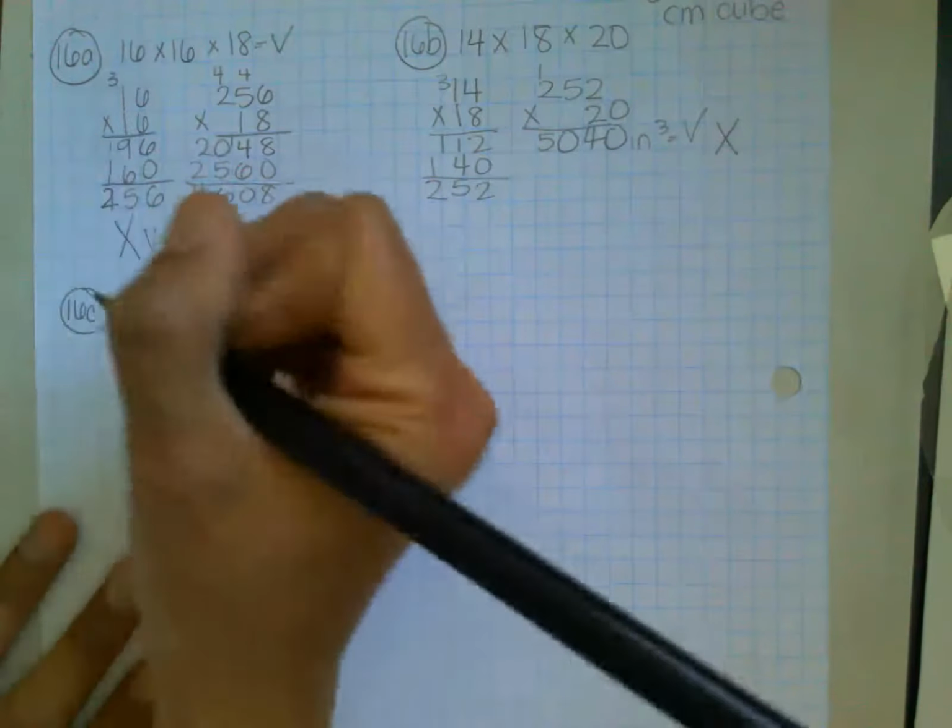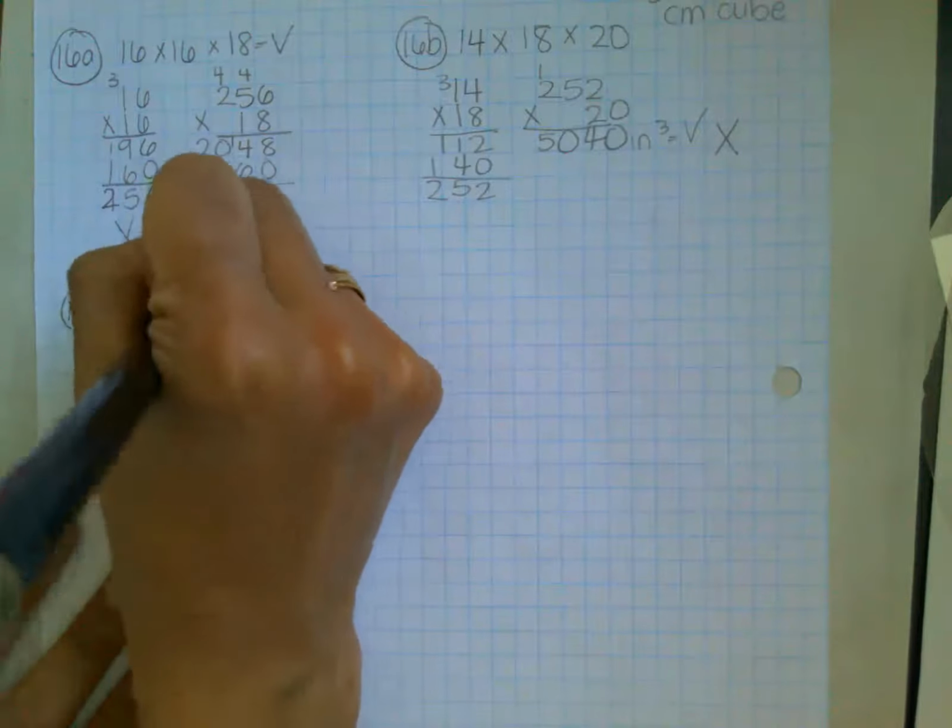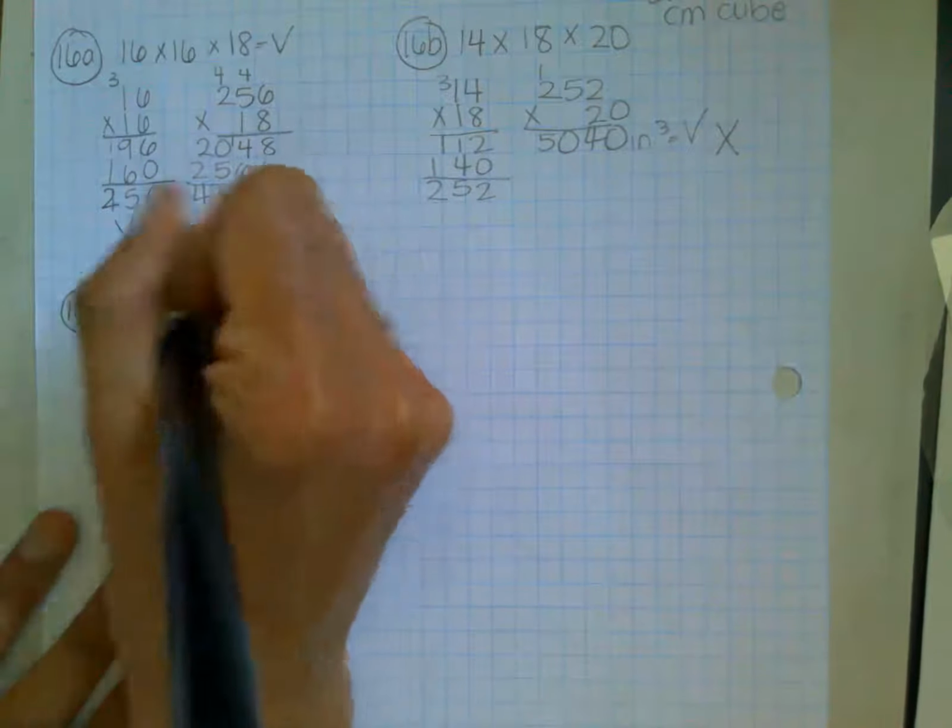But we need to show your work to get credit. 12 times 15 times 24.